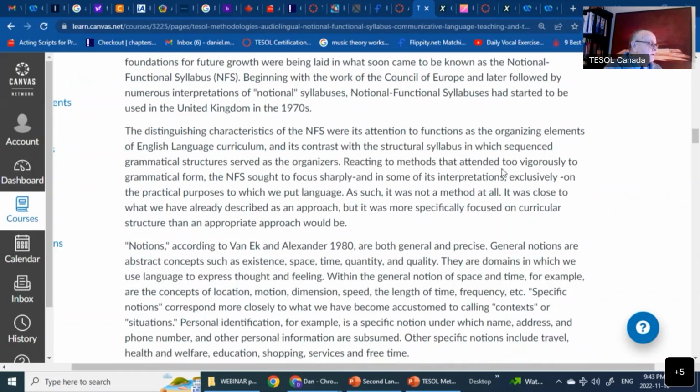Reacting to methods that attended too vigorously to grammatical form, the NFS sought to focus sharply, and in some of its interpretations exclusively, on the practical purposes to which we put language. As such, it was not a method at all. It was close to what we have already described as an approach, but it was more specifically focused on curricular structure than an appropriate approach might be.